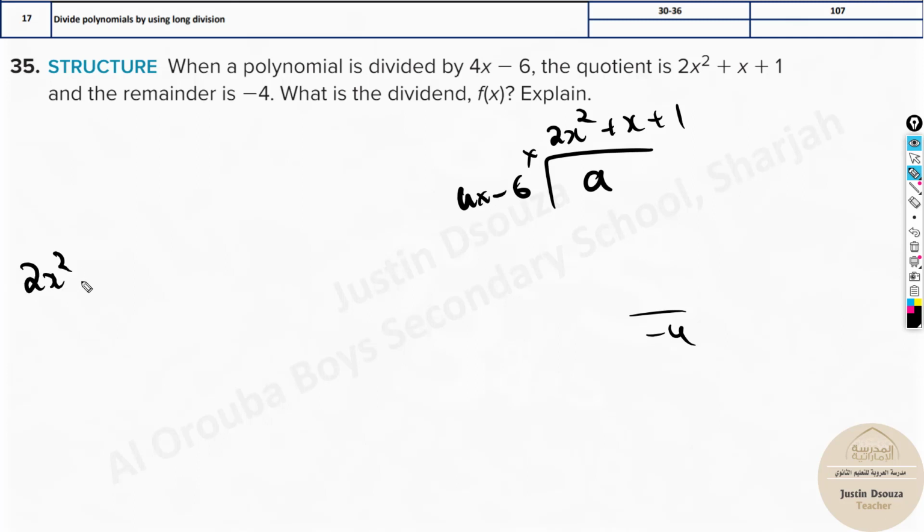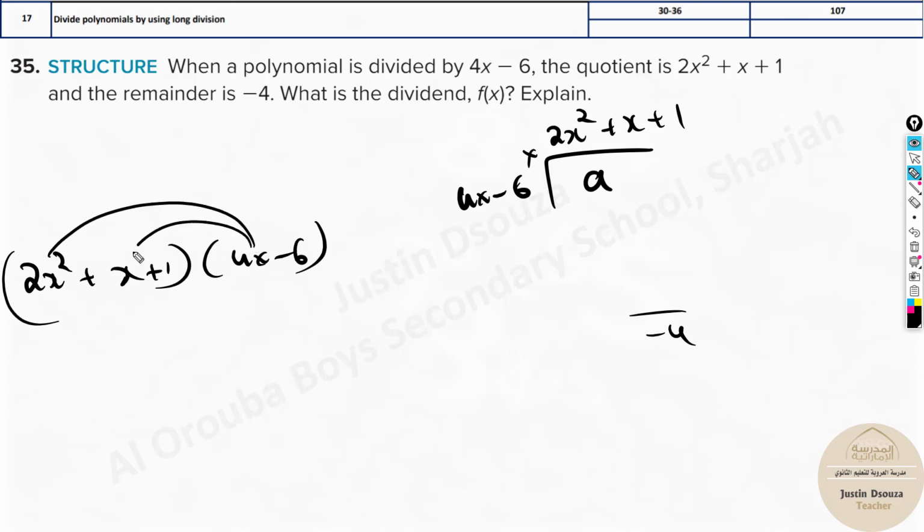It'll be 2x squared plus x plus 1 multiplied by 4x minus 6. When you multiply this, distributive property, let's take this from here. It'll be 4 into 2, 8x cubed, plus 4x squared plus 4x, minus 6 times 2 is 12x squared, minus 6x, minus 6.